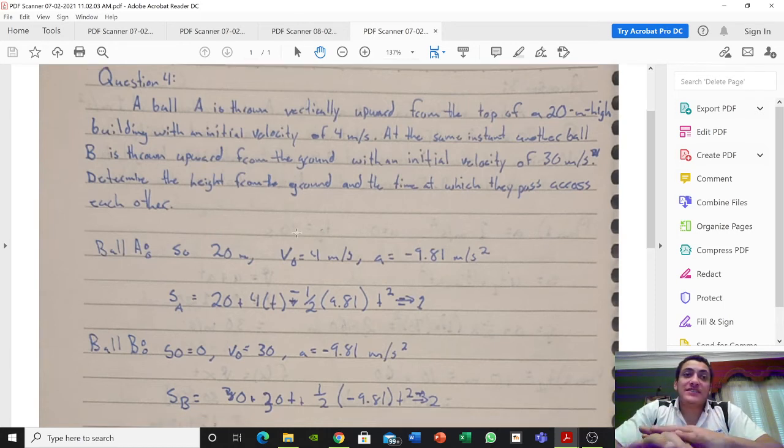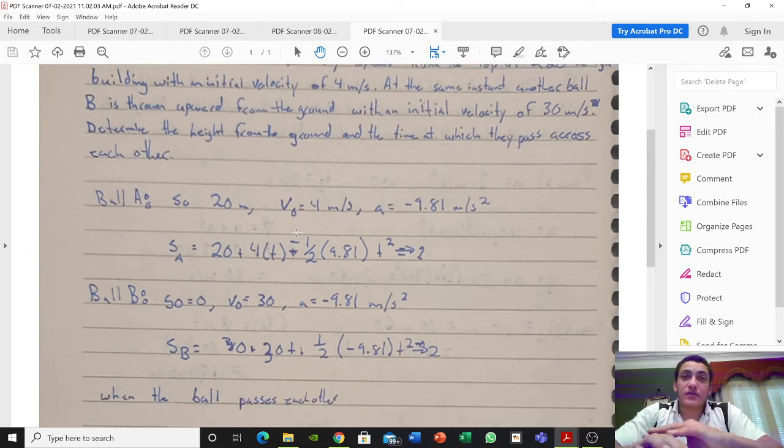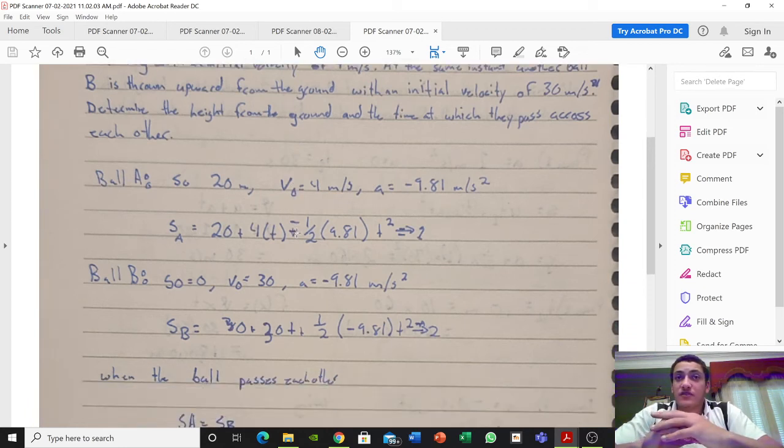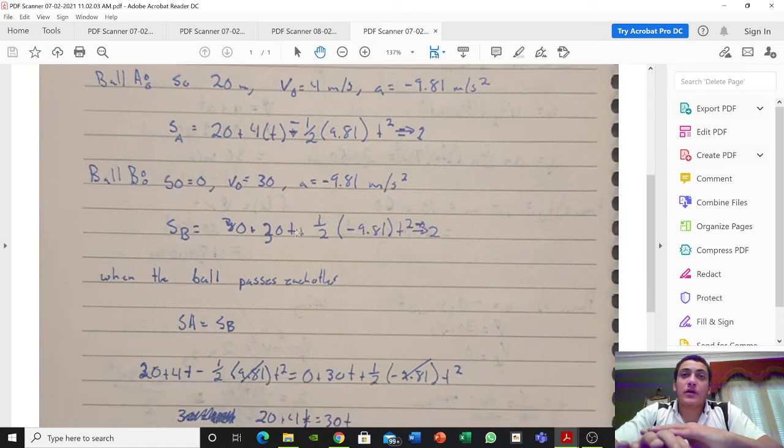So SA equals 20 plus 4 multiplied by time, minus half multiplied by 9.81 multiplied by t squared. This is just the equation, not the final answer.